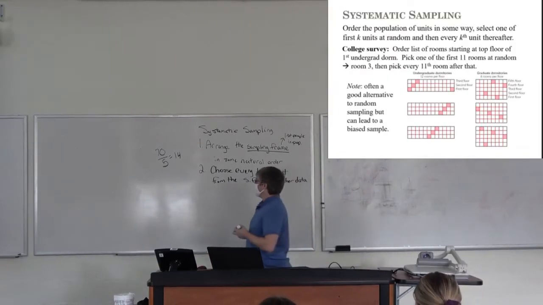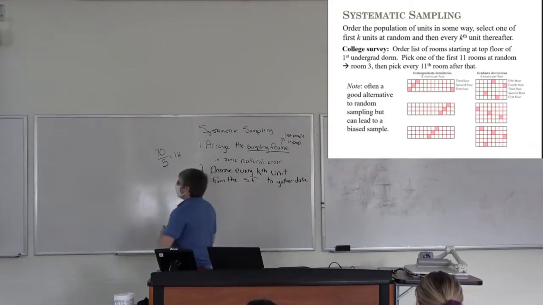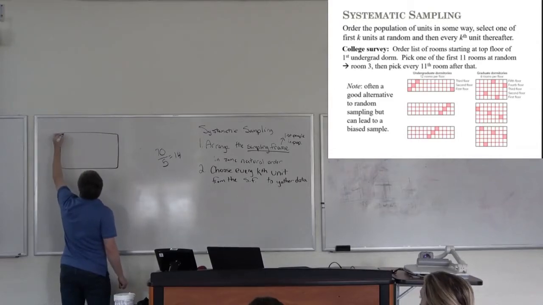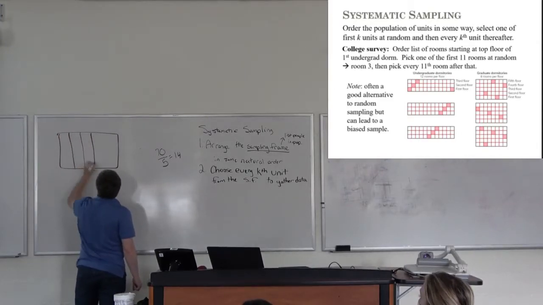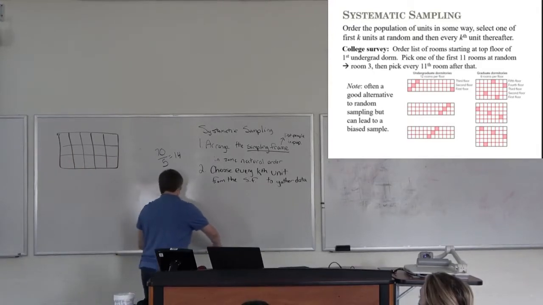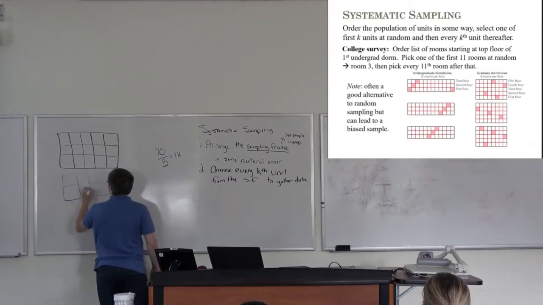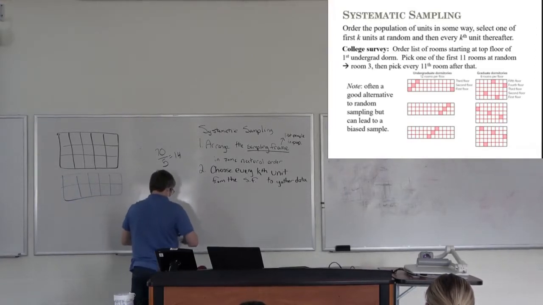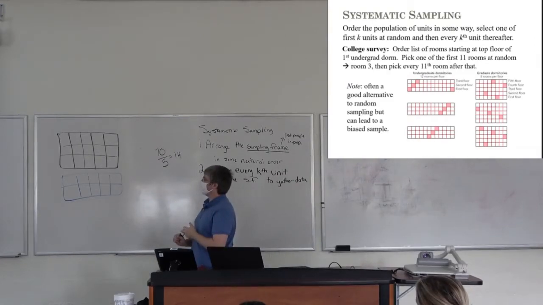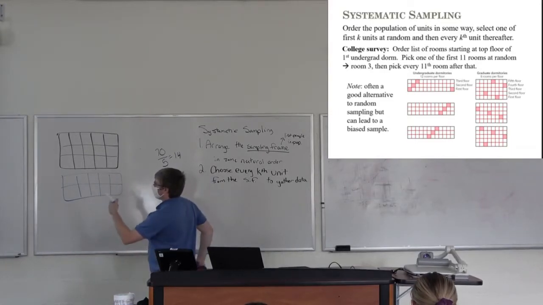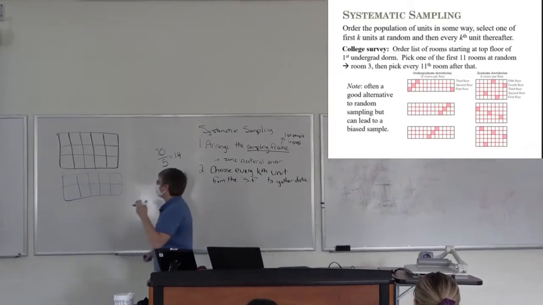One way you can imagine doing this is with the undergrad dormitories and grad dormitories. I probably should not have erased this the first time, but that's fine. Suppose I was just going to choose every third or so from that. I know it says 11th up there, but I think 3 is an easy number to count.